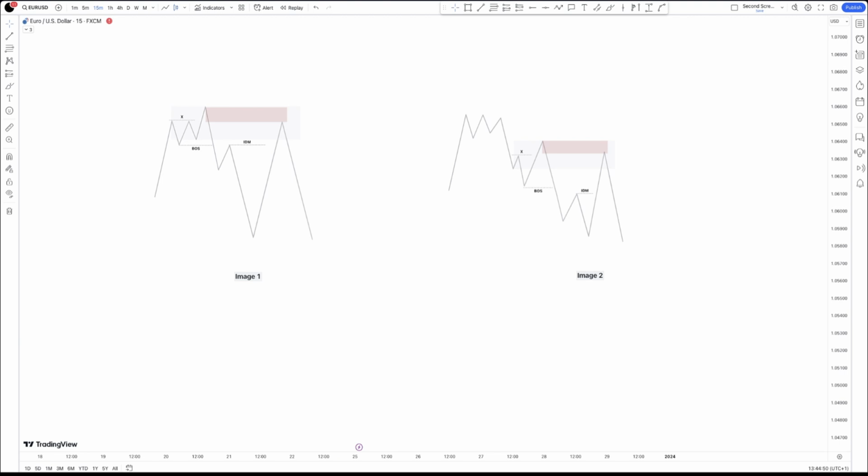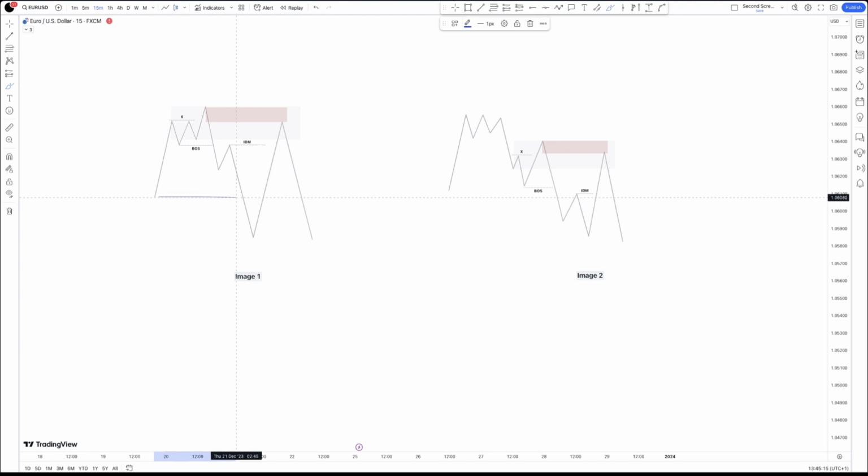You can see here, institutions did what? They created a buy side liquidity, came down, took out that liquidity, then they showed their footprint in the market. After showing their footprint, they created a little buy to the upside, then continued to the downside. So we might assume this to be our CHoCH and this as our BOS. Depends on you. We are not talking about structure in this video.